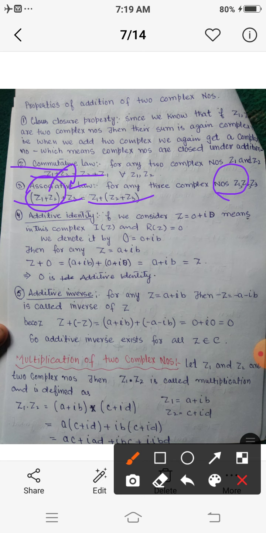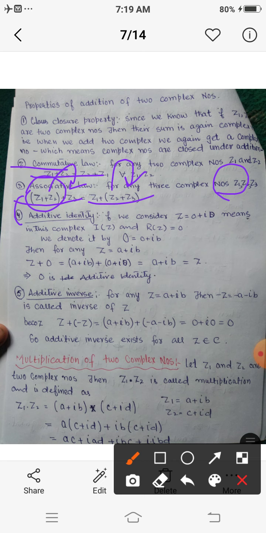Then if we add the second and third, and add the resultant complex number with z1, both are equal. This is the associative property, or the set of complex numbers satisfies the associative law.